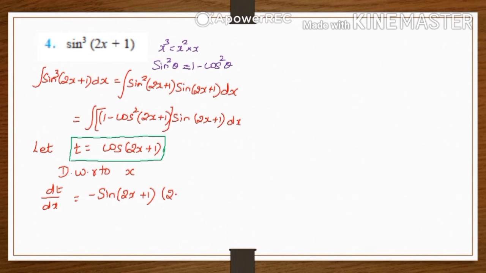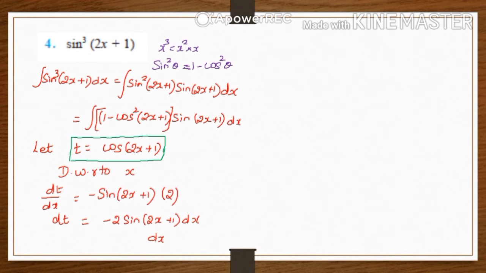When I differentiate 2x plus 1, we get only 2. So we are left with dt is equal to minus 2 sin (2x plus 1) into dx.